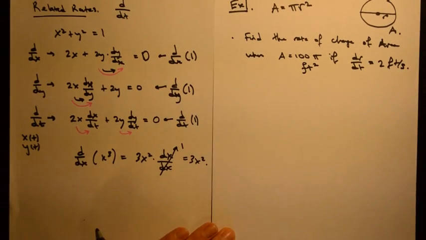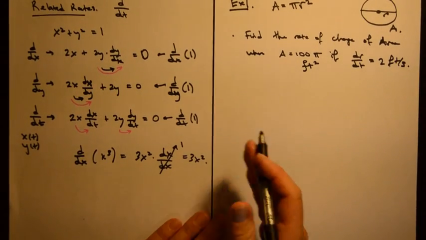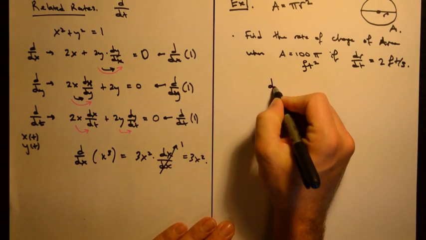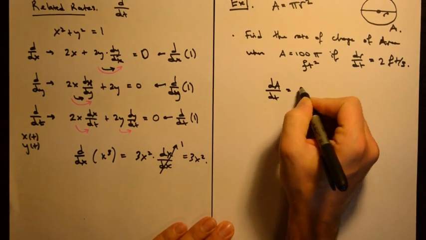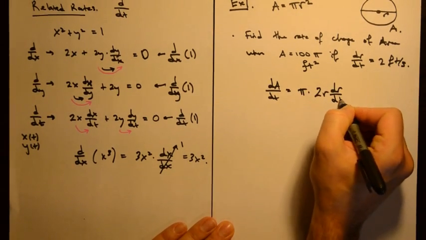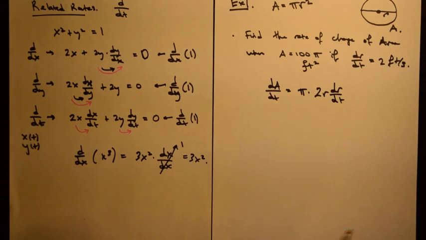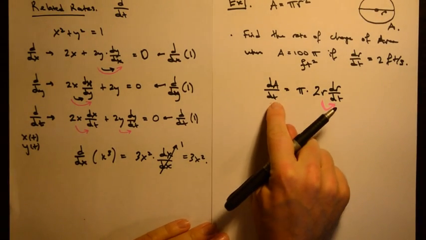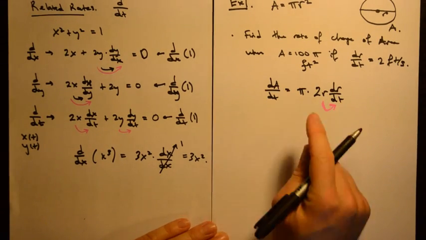So in this kind of problem, you typically want to start the same way, true for all of these related rate problems: differentiate with respect to time. So you would have dA/dt is equal to pi times 2r dr/dt. Notice we have our chain rule step here, and on the left hand side we just applied d/dt to A and got dA/dt.